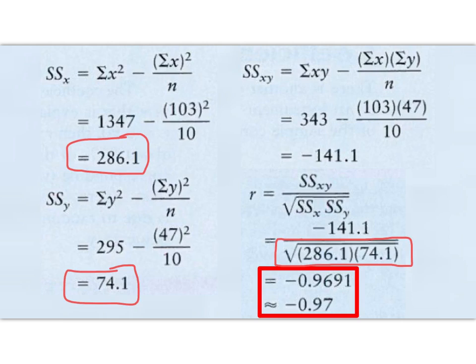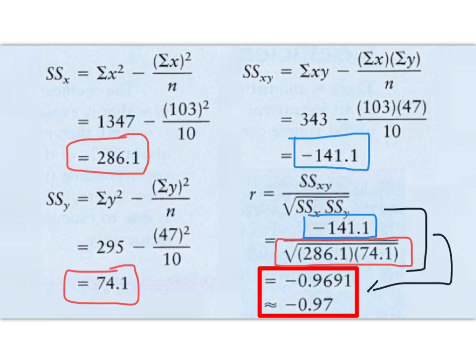Meanwhile, for the numerator, SSXY evaluated at negative 141.1. Putting everything together, do the calculation here, and you will find that R is approximately negative 0.97.